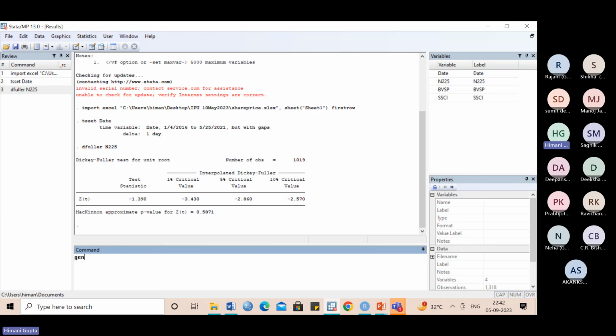So let's generate Rn225. I'm giving the same name. Generate Rn225 equals the same command: log, natural log, bracket N225 divided by N225 and then bracket, and dash N minus 1.